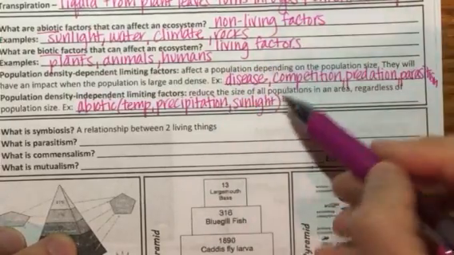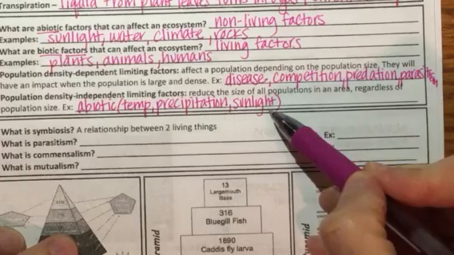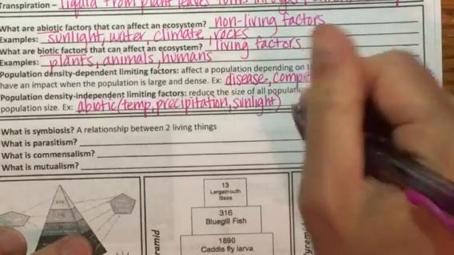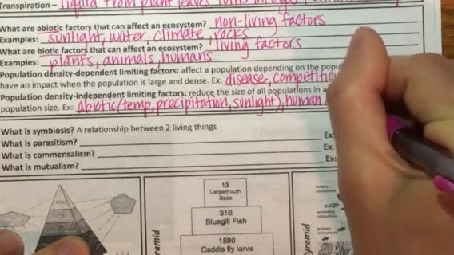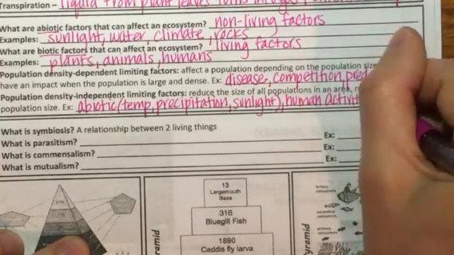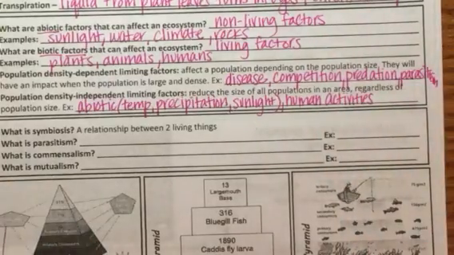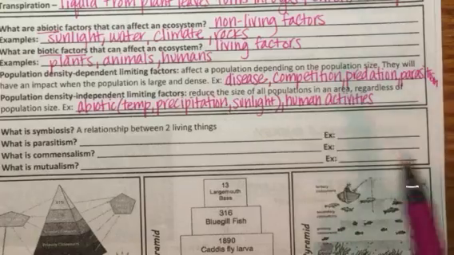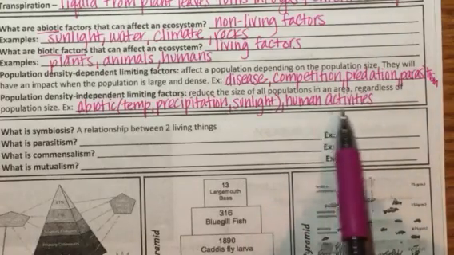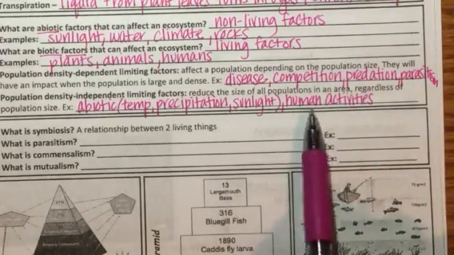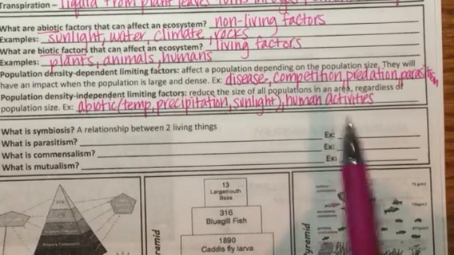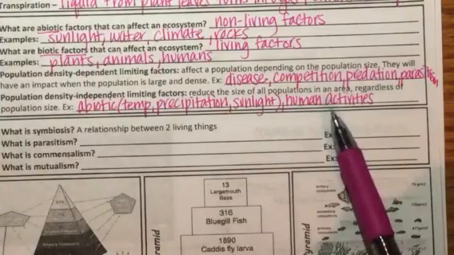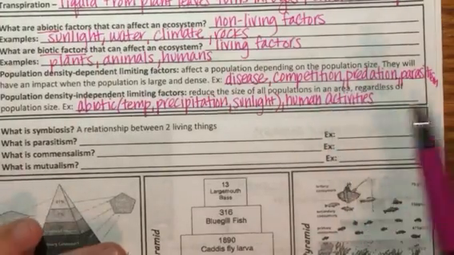We've got to have sunlight for plants to grow, right? Human activities like pollution are a limiting factor, right? If our lake is very polluted because of human activities that have occurred, we're not going to see large populations of fish and other living organisms in that lake.